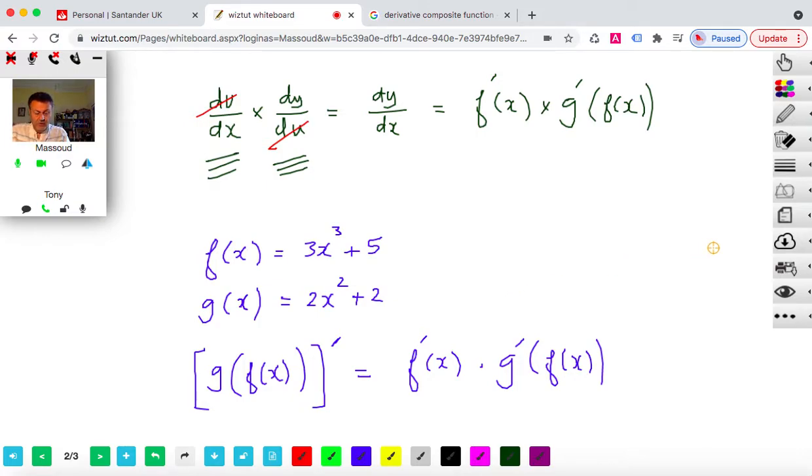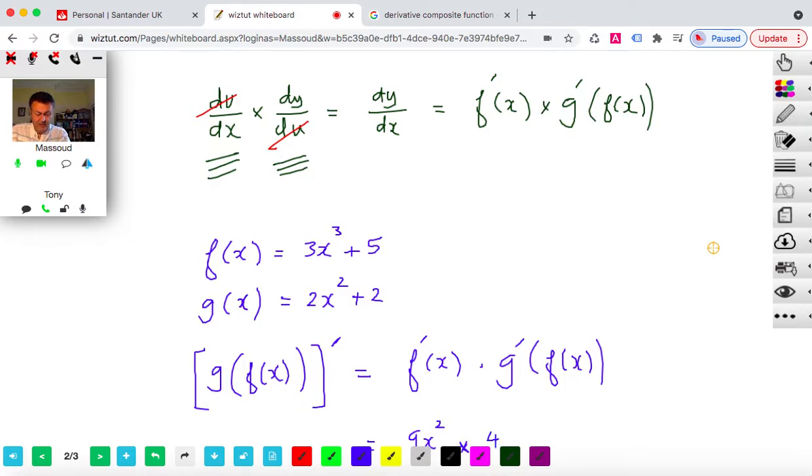The differential of fx would be 9x squared, times the differential of g, which would be 4x.